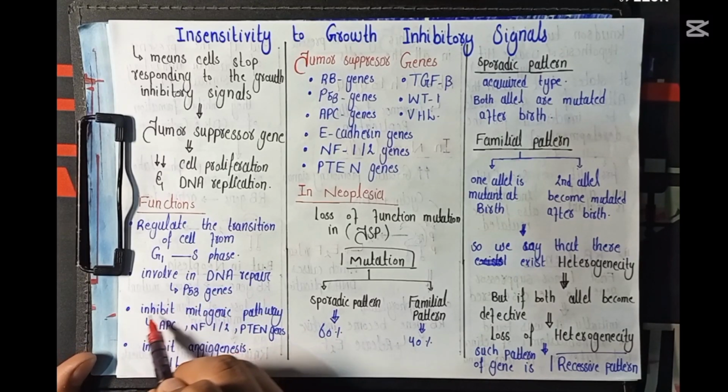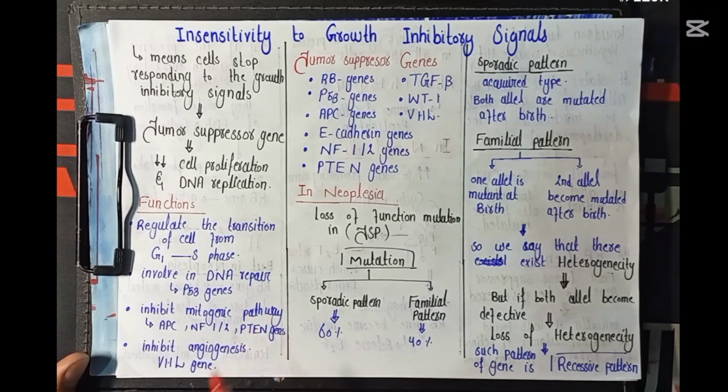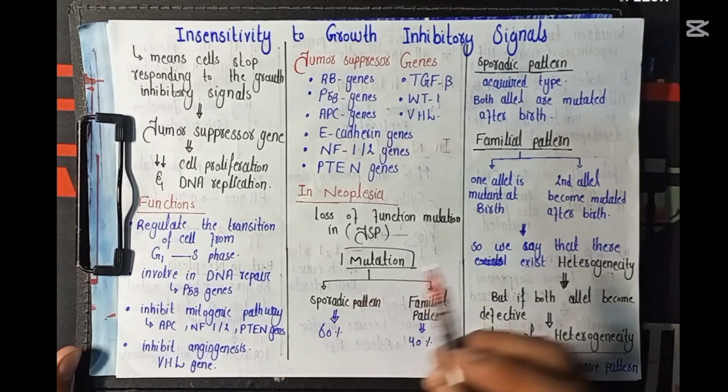Similarly, the tumor suppressor genes are also involved in regulating the inhibition of the mitotic pathway, and the mitotic pathway is inhibited through the APC gene, neurofibromin 1 and 2 genes, and the PTEN gene. And the tumor suppressor genes also cause inhibition of angiogenesis, and the process of angiogenesis is inhibited by the von Hippel-Lindau genes.